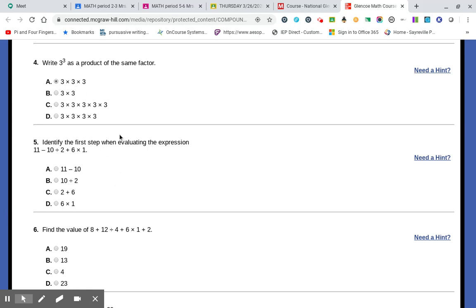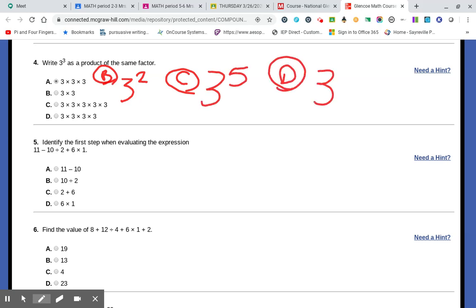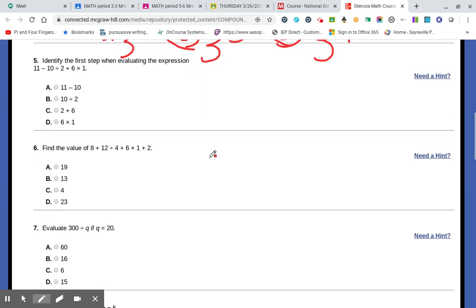It's definitely A. This one, B, would be 3 to the second power. C would be 3 to the fifth power. And D would be 3 to the fourth power. So neither one of those are 3 to the third. The answer would be A.